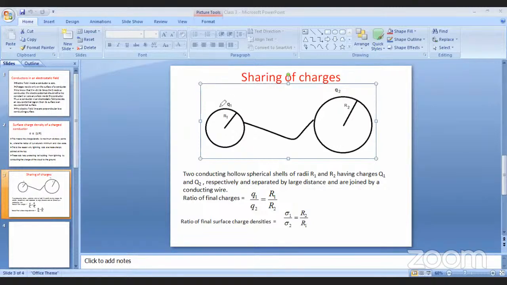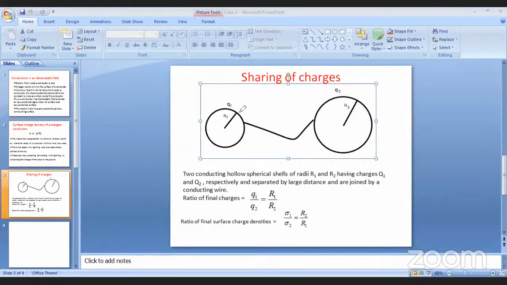Since these spheres have different radii and different amounts of charges, will they have the same potential or different potentials? Both these spheres, can anyone tell me? Different potentials, sir. Yes, they will have different potentials.